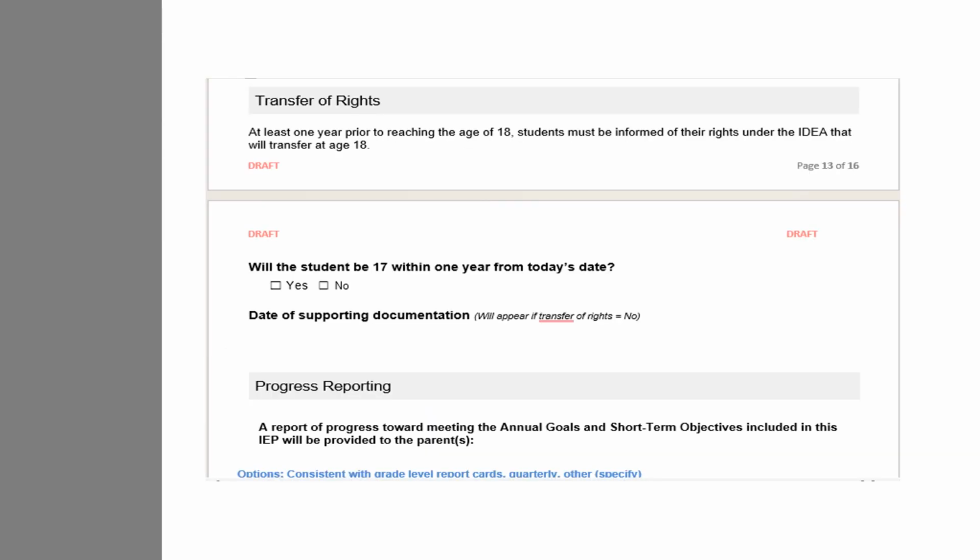And let's see. Oh, and the last slide is the transfer of rights. So if you are 18 years of age, you would be signing over a power of attorney possibly, and then would require documentation.